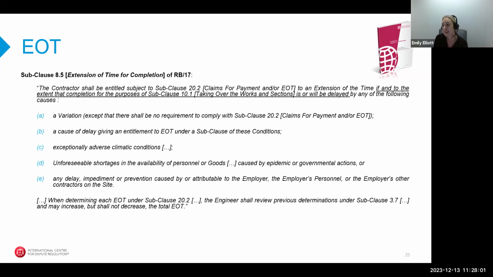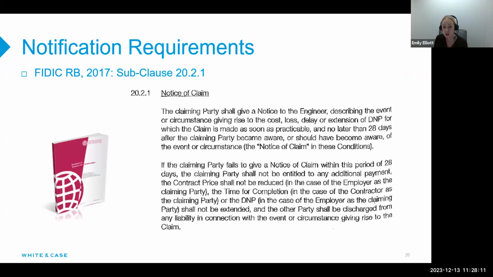Now, some uncertainty has arisen due to the interaction between the wording "is or will be delayed" and the requirement to give a notice of claim. Specifically, when does the clock start ticking for giving the notice? Should the contractor notify now or at some point in the future?